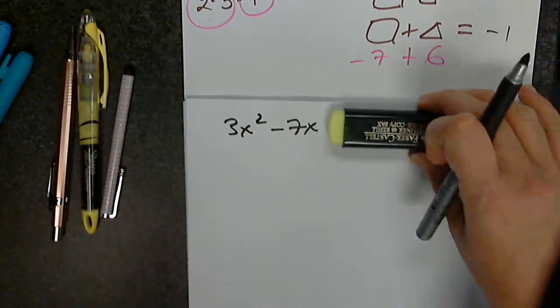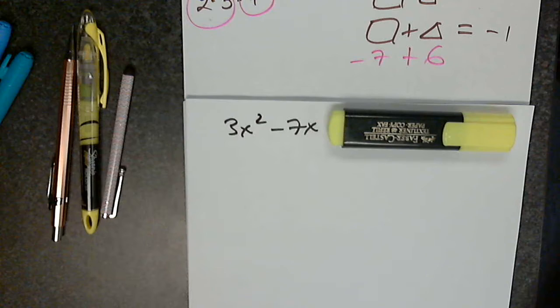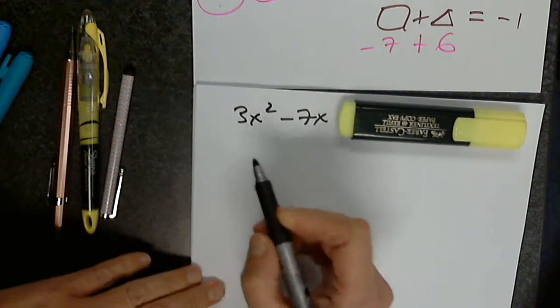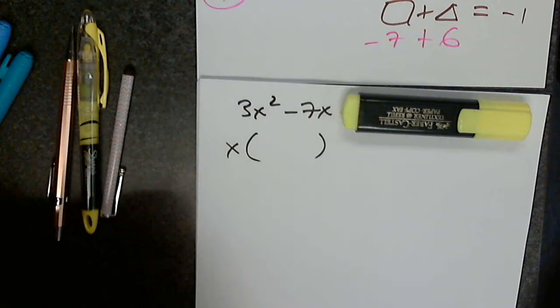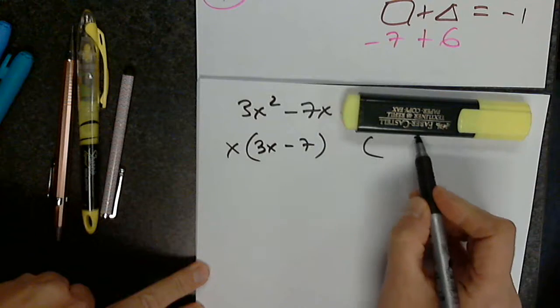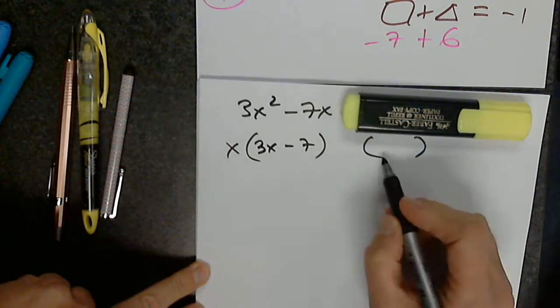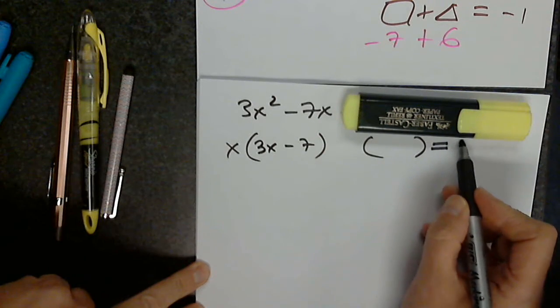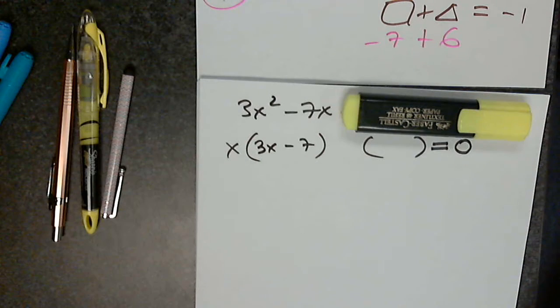Excellent. What comes out from the first two? Good. What is left in parentheses? What should I have from the other two? And notice one thing. After I put the parentheses, I write the equal symbol and 0. Because if I forget the equal symbol and 0, I will never solve for anything.